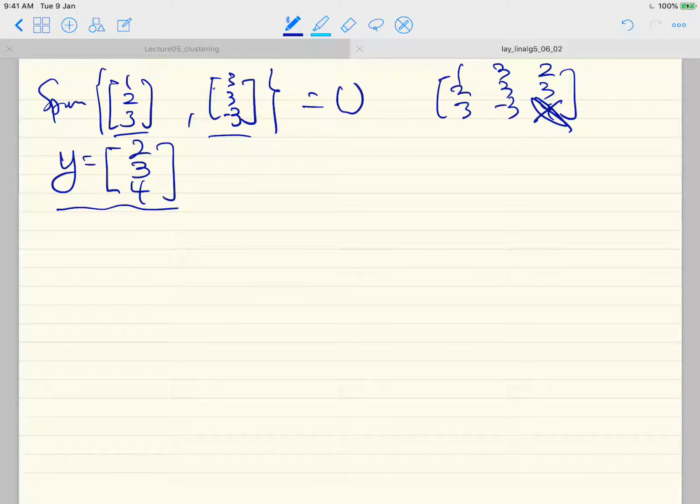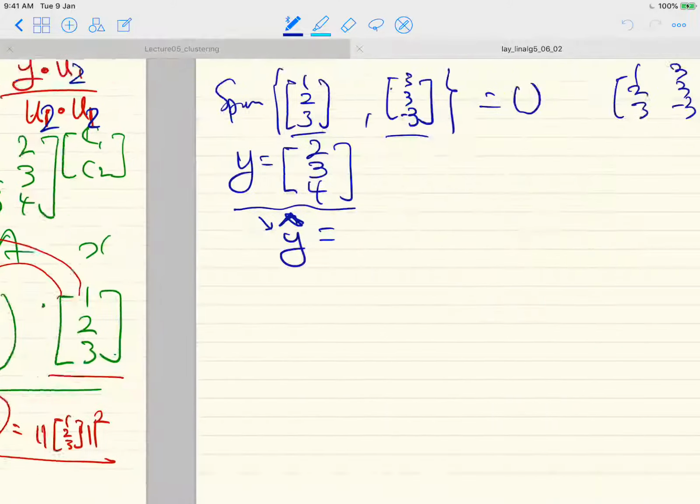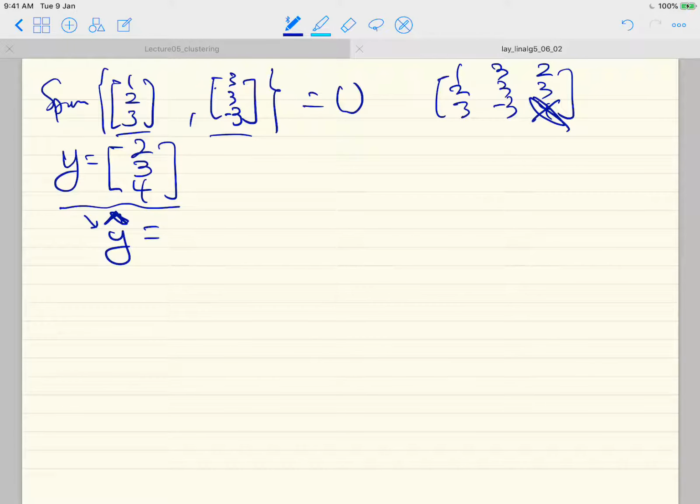What will be y hat? Y hat is obtained in exactly the same manner as the previous slide. I'll just give you the conclusion.